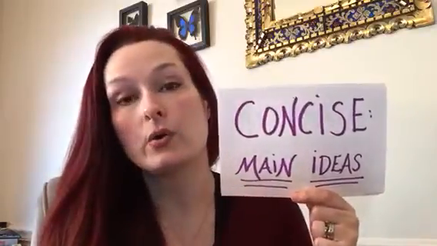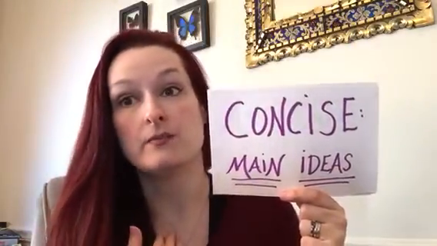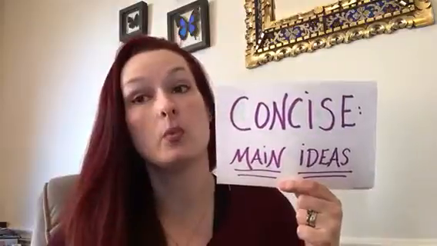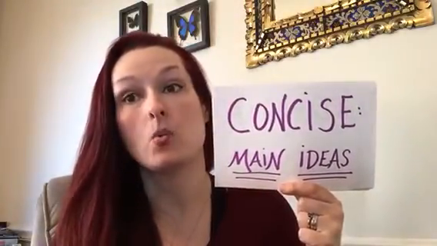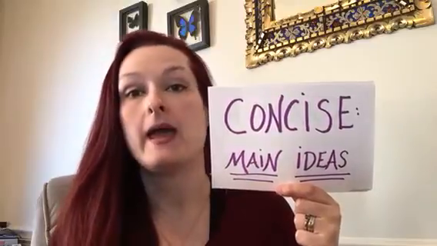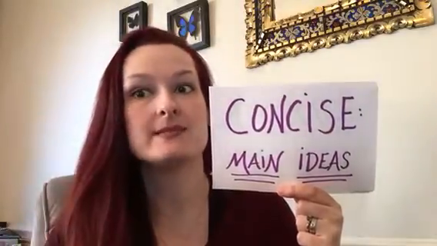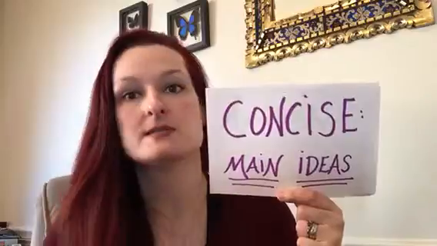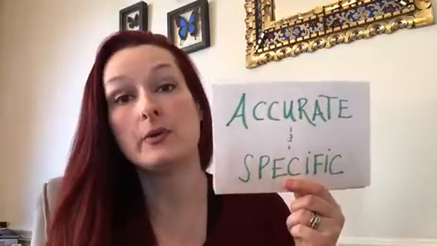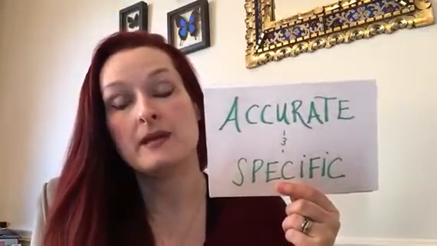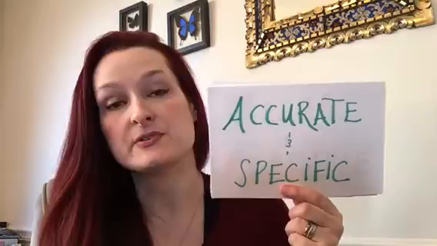If you were going to ride up in an elevator with me, and you had from floor 1 to floor 10 to describe to me your paper or presentation, what would you say? And that's when I say bullet points, that's what I mean. It's the broad strokes, it's the main ideas. Conciseness is key.